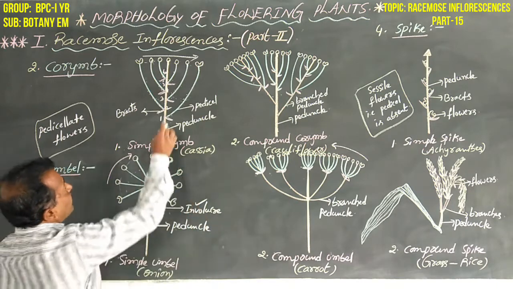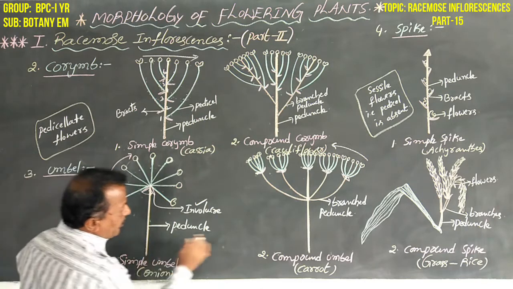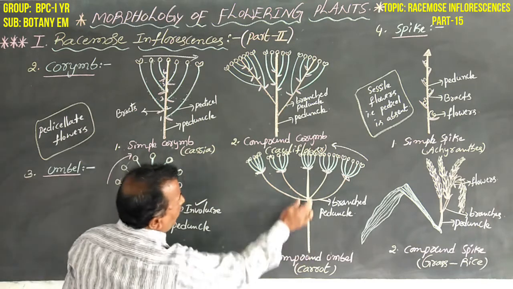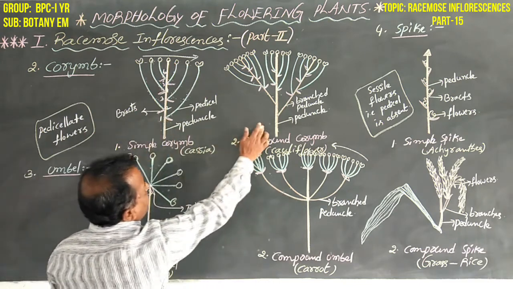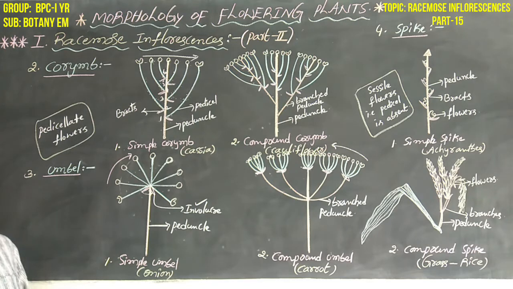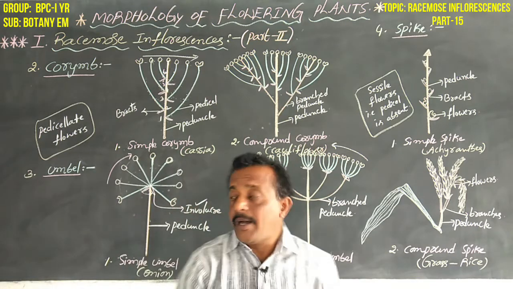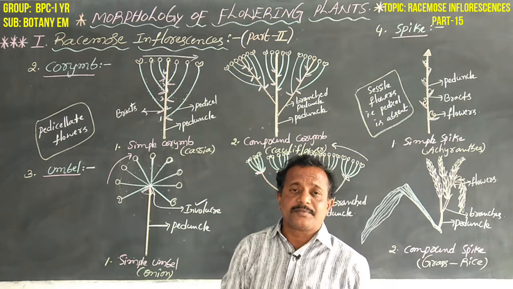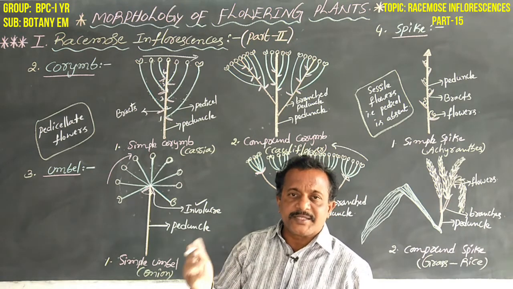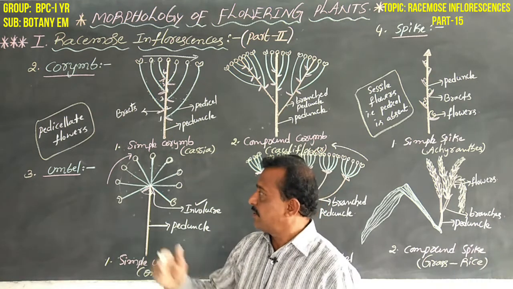Don't confuse these. These two are simple corymb and compound corymb, and these two are simple umbel and compound umbel. So these three types of racemose inflorescences have pedicellate flowers: the raceme, the corymb and the umbel.